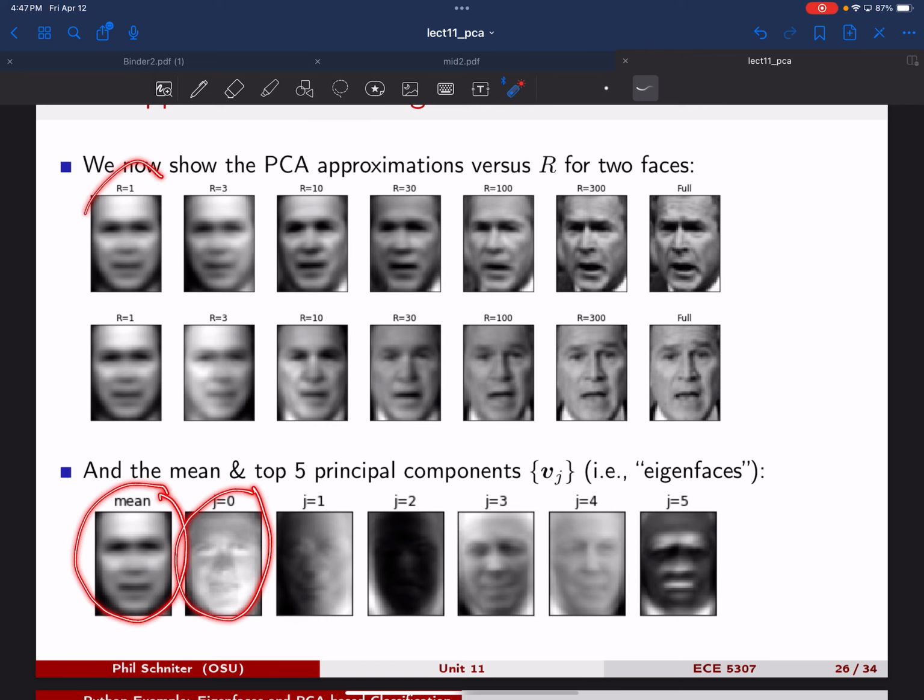That is how you get these two images. Now, if you want to use 2 eigencomponents, zi is a 2-dimensional quantity, so you have one coefficient multiplying this, another coefficient multiplying this, you add the mean, and that gives you the r equals 2 approximations, and so on.